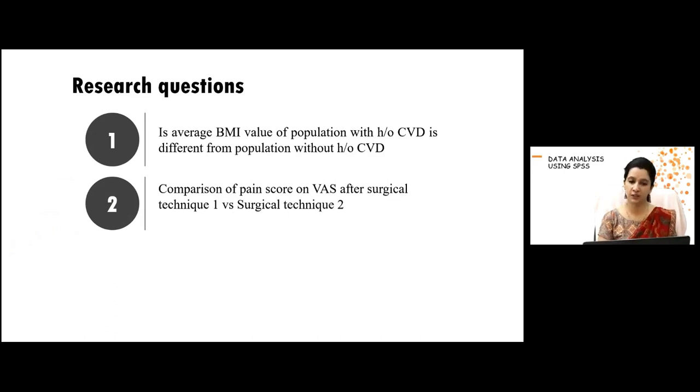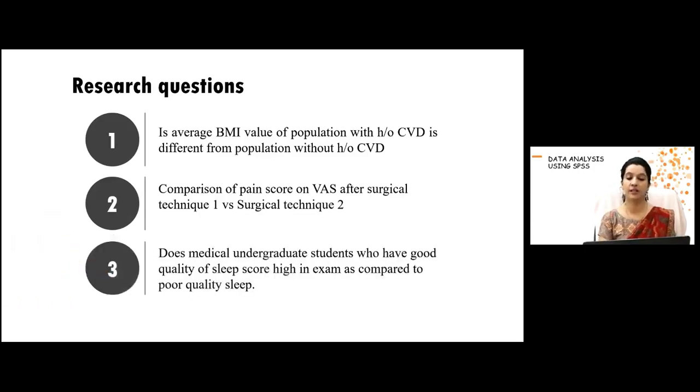The second question could be: if I want to compare the pain score on a visual analog scale after surgical technique 1 versus surgical technique 2. Or, do medical undergraduates who have good quality of sleep score higher in the exam as compared to those with poor quality sleep? So these are the three research questions.